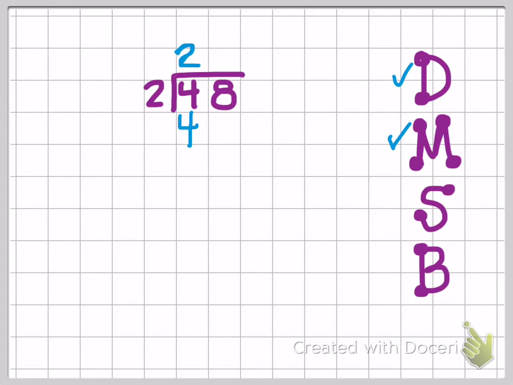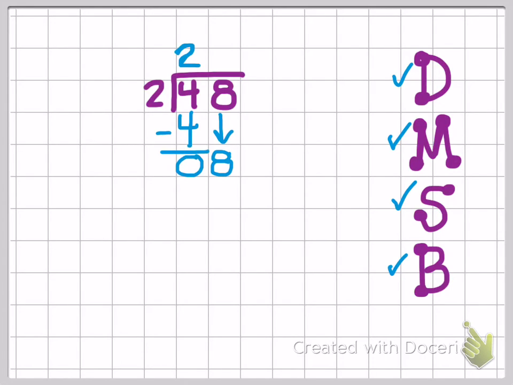Now our next step is to subtract to find the difference. 4 minus 4 is 0. The next step is to bring down, which means to bring down the next digit in your dividend, which is this 8. I'm going to bring it down and put it right next to whatever my remainder was.